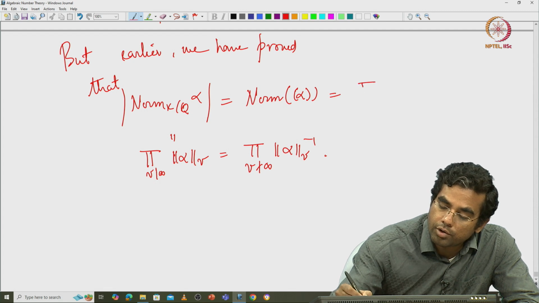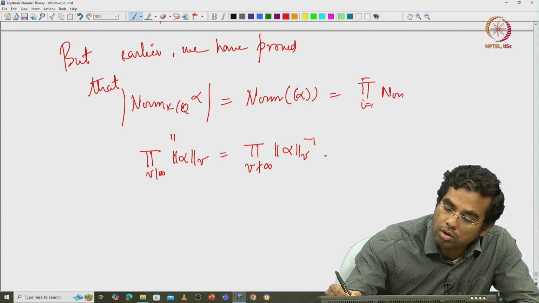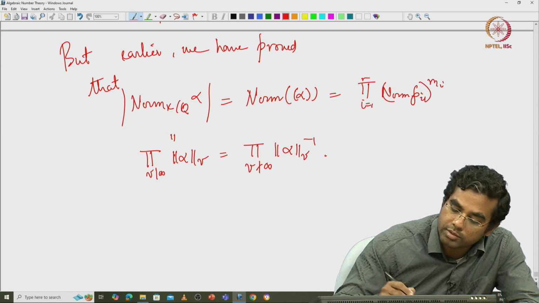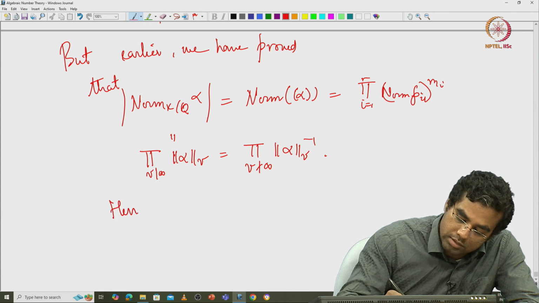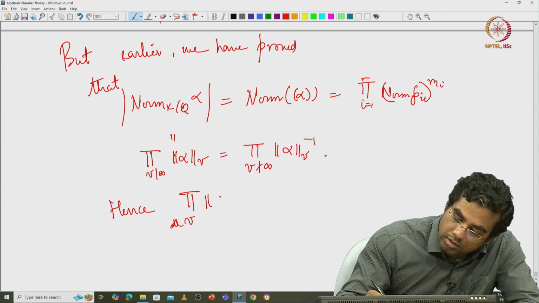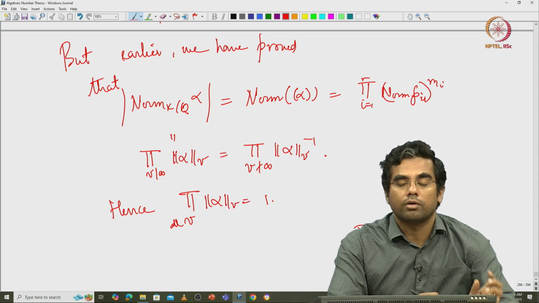This is the product over all i going from 1 to r of norm of Pi to the power Mi, and so that gives me this. Hence, the product of valuations over all V is equal to 1. That is what the product formula is.